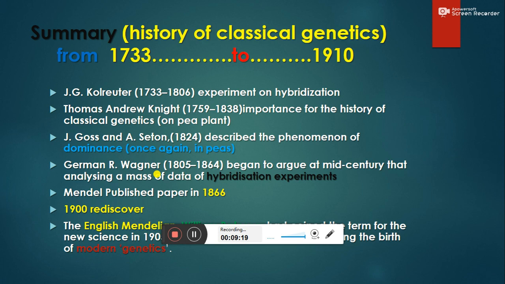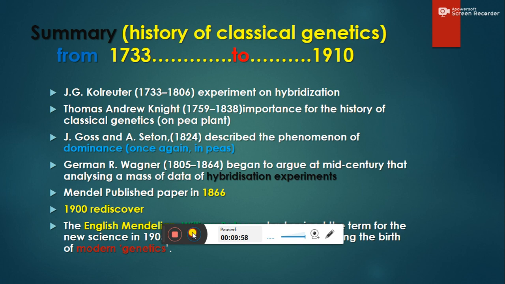The German C. F. Gärtner, 1805 to 1864, began to argue at mid-century to analyze the idea of hybridization experiments. After that, Mendel published his paper on inheritance in 1866. Then in 1900 his work was rediscovered, and the English Mendelian William Bateson coined the term for the new science in 1905 and laid the base of modern genetics.